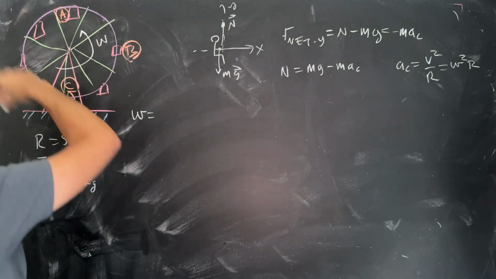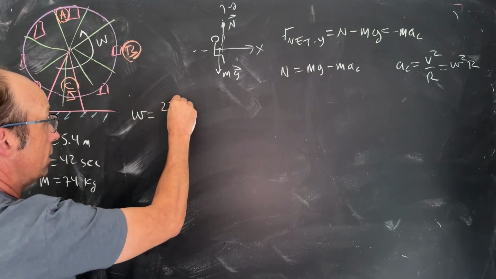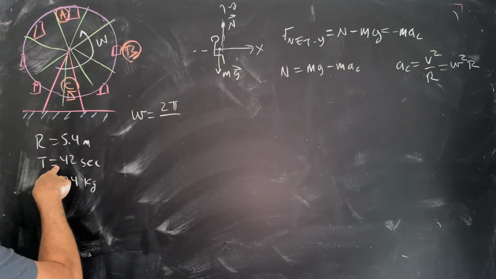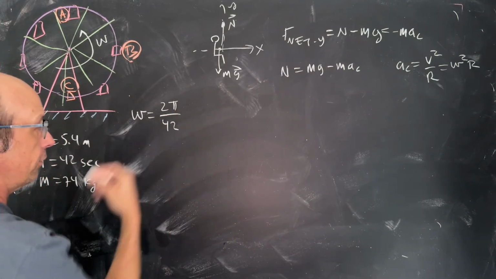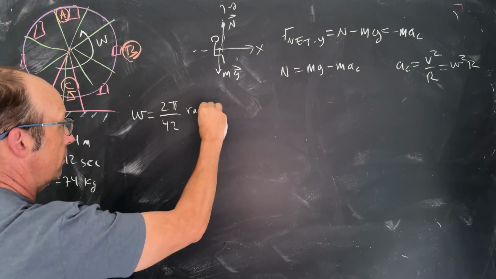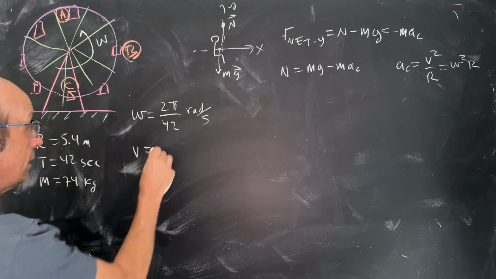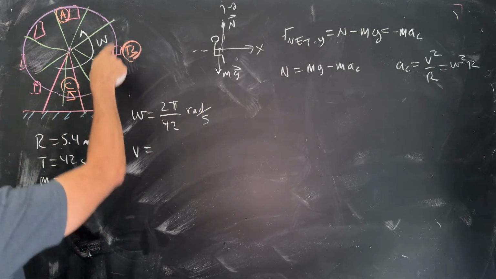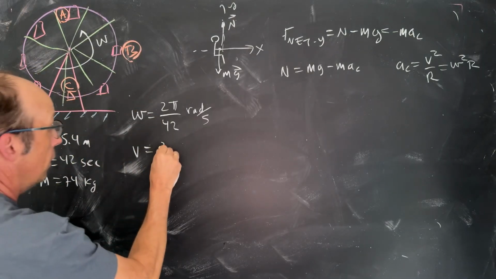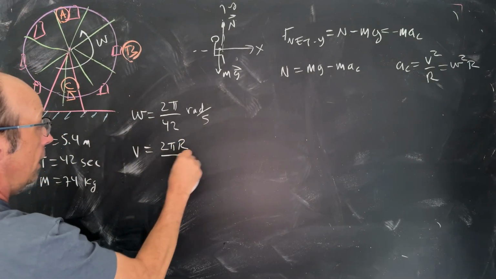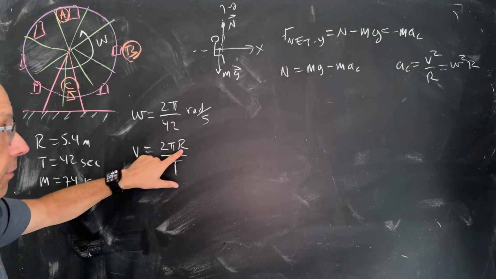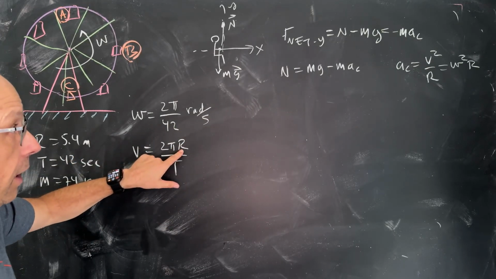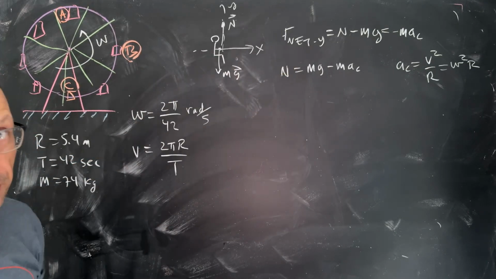If you go all the way around, that's 2 pi radians, and then you have a time of 42 seconds. So that's going to be in radians per second. If you want to find the velocity, you can say, how far did they go? They go all the way around the circle, 2 pi r, and that takes a time T. When you go over here, you're going to get the same thing, because that r, when I square the velocity, cancels one of the r's.